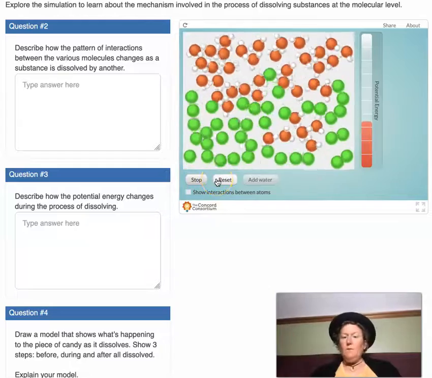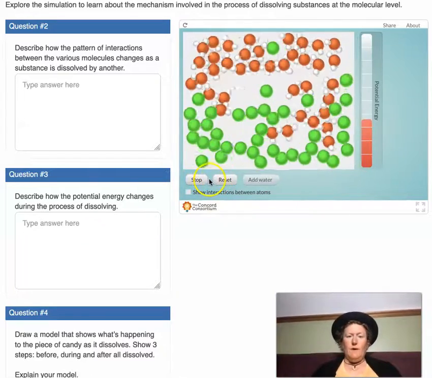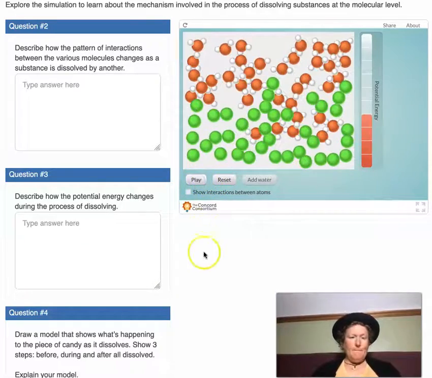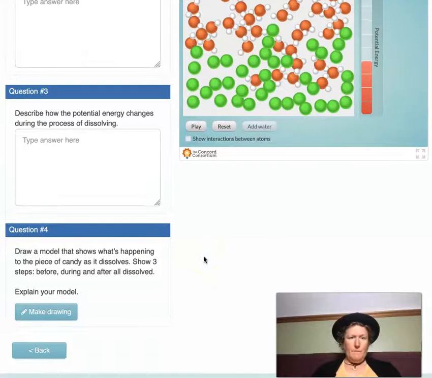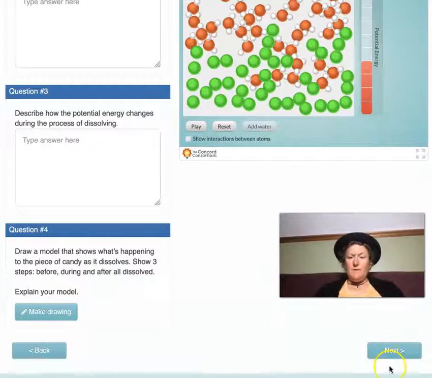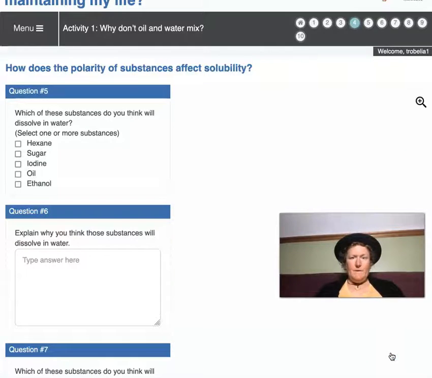And then you can play it until the end and see what's going to happen at the end. So when you've written your answers to 2, 3, and made a drawing for number 4, you'll be ready to move to the next page. So you want to stop the video, put in your own answers, and then you can continue to the next page.